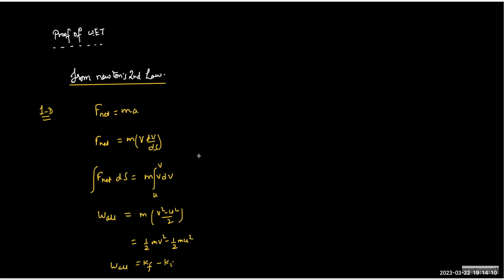So the proof that work done by all forces equals delta K. Okay. And you can apply it for any number of forces, and not just one dimension. It is for all dimensions, but this is how we bring the proof in an easy fashion. Okay.